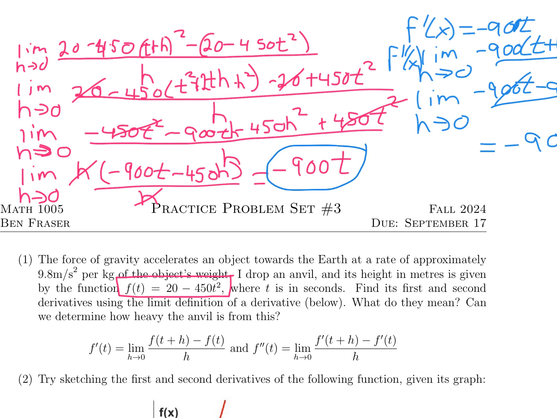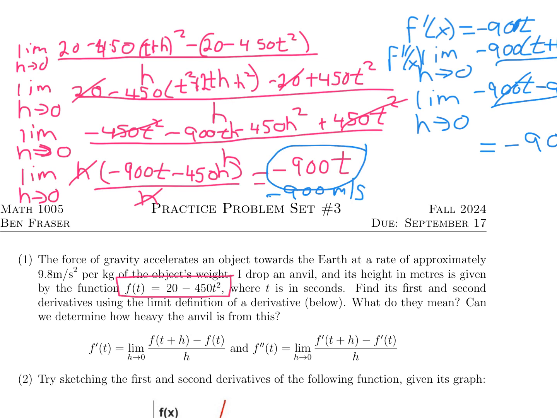So it's dropping negative 900 meters per second, which is the speed at which it's falling. The second derivative is our acceleration, and the acceleration is negative 900 meters per second squared, I believe.